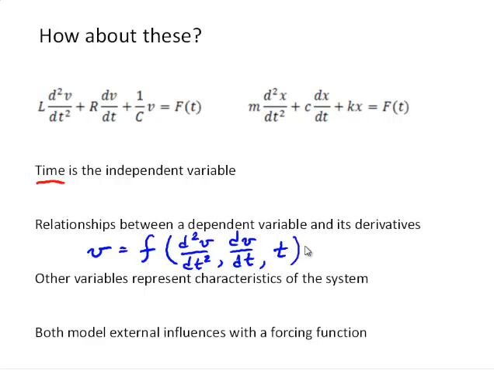Again, both models include other variables that represent characteristics of the system. So in this case we have R, L, and C for the RLC circuit model. These represent the electrical characteristics.